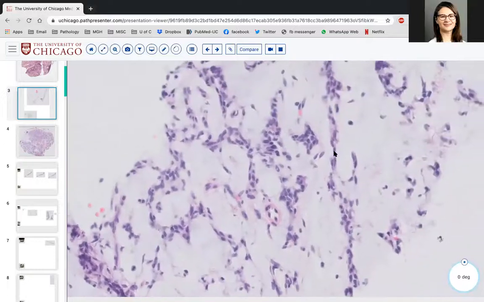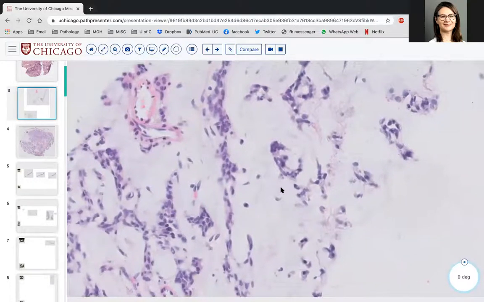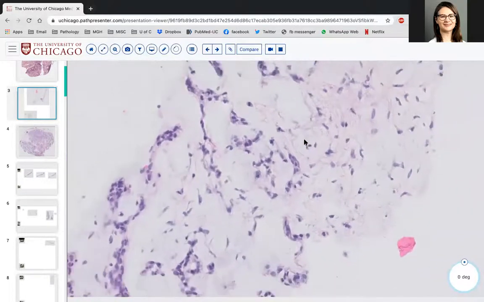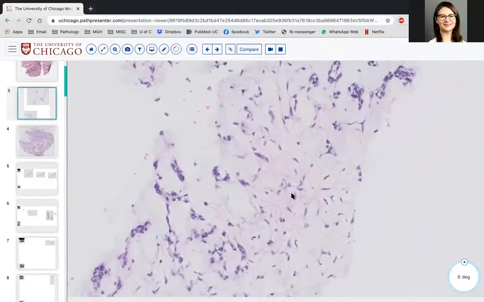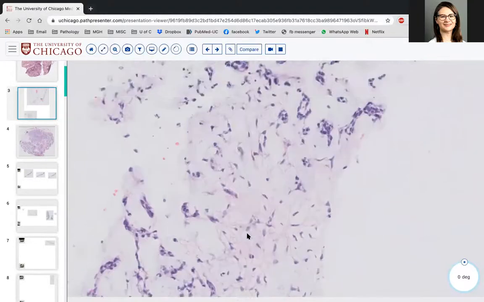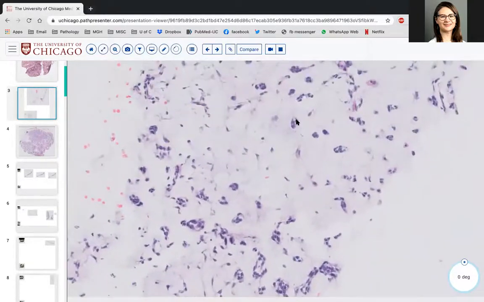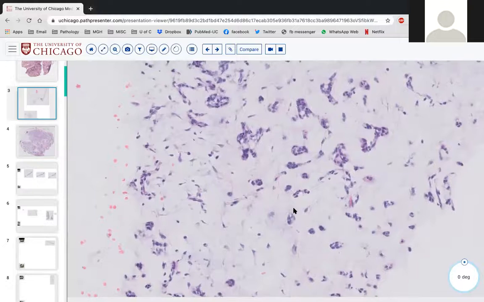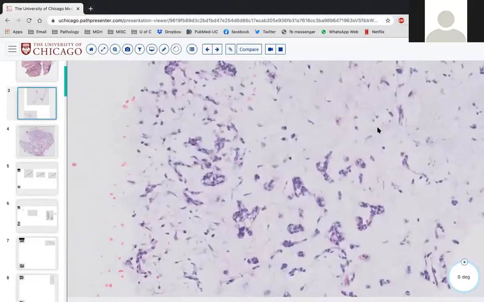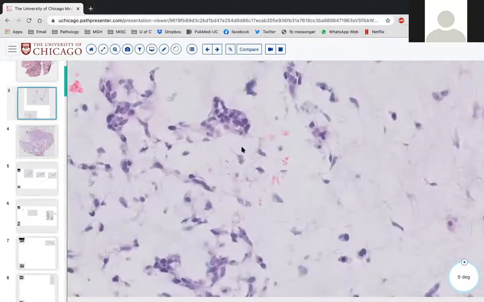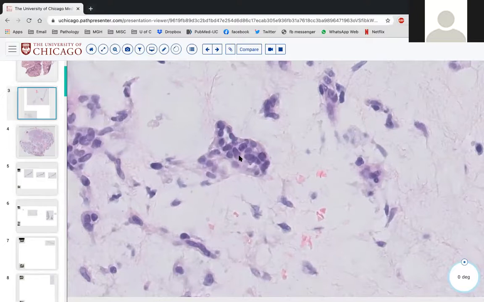Sure. So just to clarify, let's differentiate mucin in this case: is this connective tissue or stromal mucin, or is this epithelial mucin? Well, as far as I can tell, it doesn't look intracytoplasmic. Is that the question? Yeah, exactly. So epithelial mucin would either be within the cytoplasm of the epithelial cells, or sometimes secreted into the duct lumen, right?